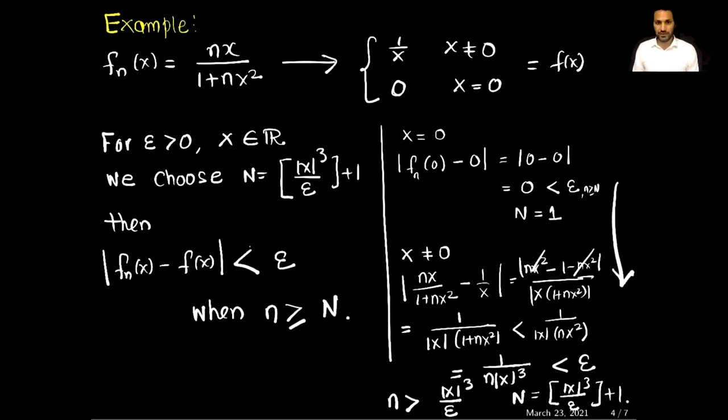Even if you consider the two different cases, you can make this distance less than epsilon when you choose your n bigger than or equal to capital N. And this implies f_n of x converges to f of x pointwise. And this completes the proof of this example.